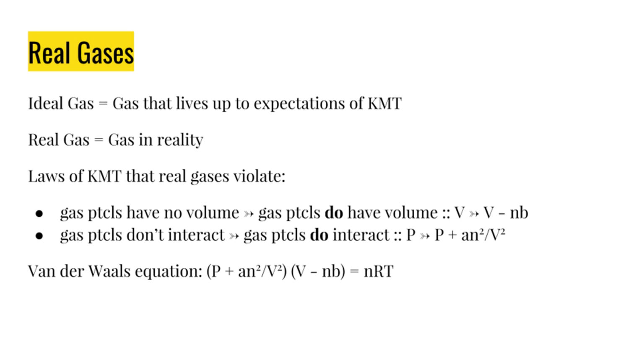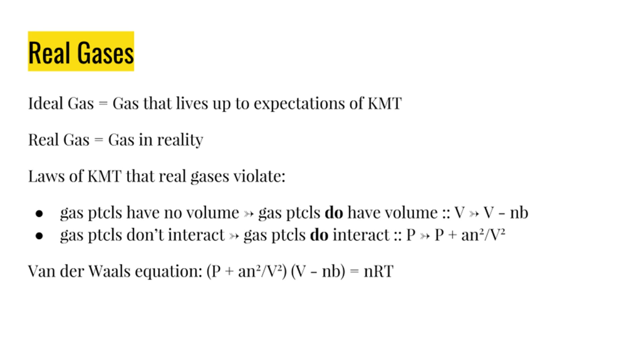The next correction, not so much. It says that gas particles do interact. Okay? They feel attraction for one another. They feel repulsion for one another at very, very close proximity. It's a very complex and confusing sort of thing. But what we do is we apply another correction, which you can see is much more complicated.